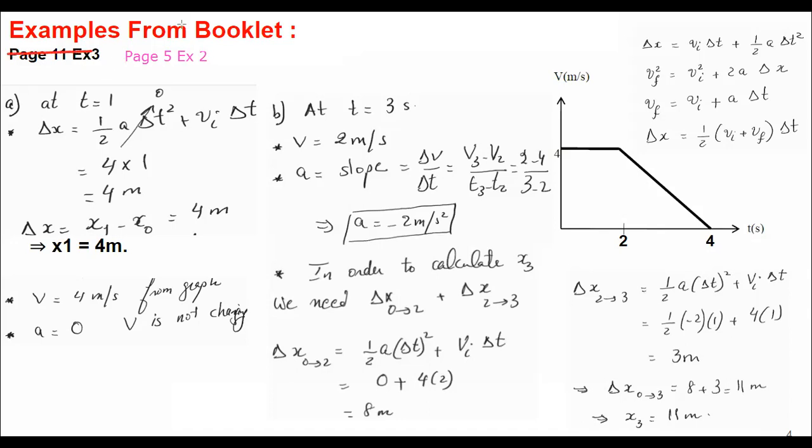So let's do it. What is this graph? Whenever I see a graph where I have V or X or acceleration on the y-axis and I see T on the x-axis, it means I have a motion diagram.